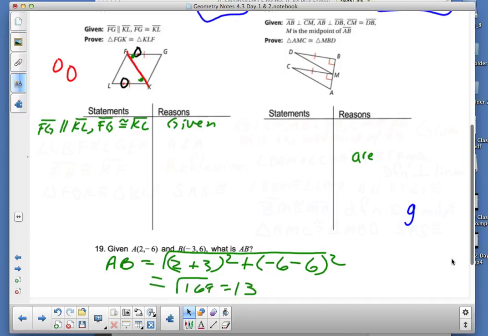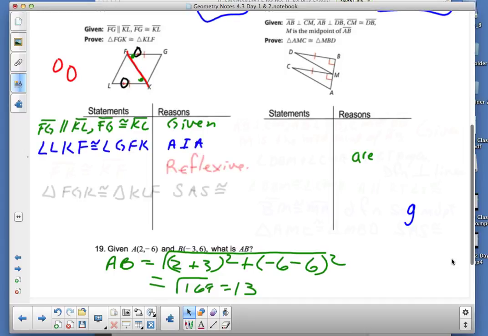Do you see it? I got some head bobbles. That's good. You at home, if you're head bobbling, that's good too. The computer appreciates it. Keep in mind as we're going through here, I know right now how I want to write my proof. I've got my given. I can talk about alternate interiors, reflexive, and now side angle side. So I've got 4 steps as I go through.